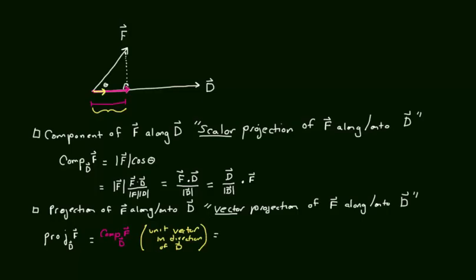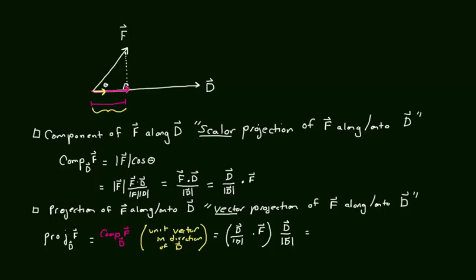So we have here the component of f along d. We have already discovered that to be vector d over the magnitude of vector d dot vector f. And then we need to multiply that by the unit vector in the direction of d. And if you follow carefully, you realize that that's vector d over the magnitude of vector d.